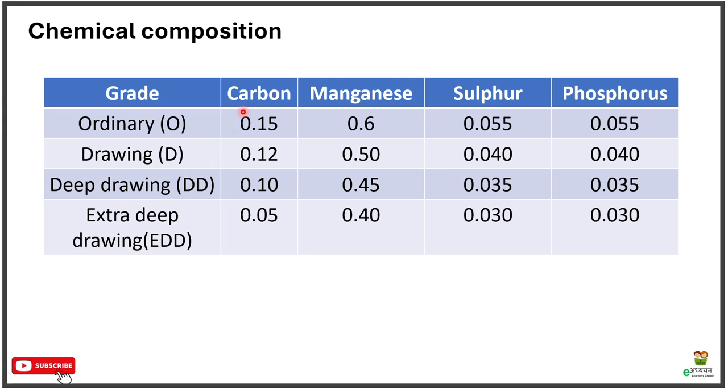So you can see the chemical content is decreasing for deep drawing quality and extra deep drawing quality. These are basically used for drawing components.